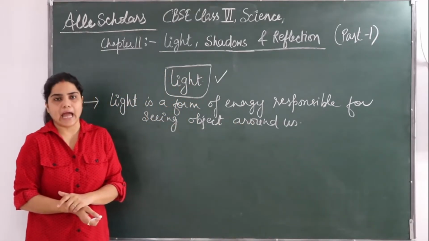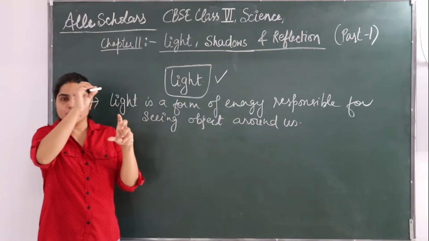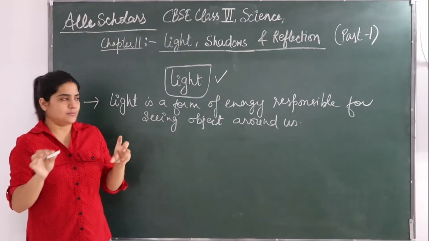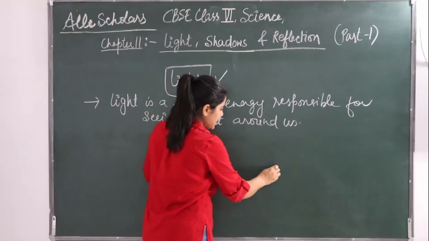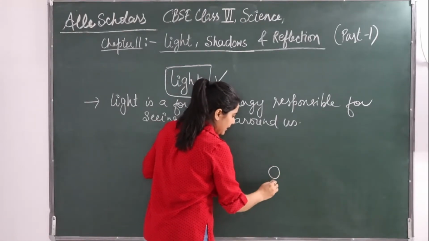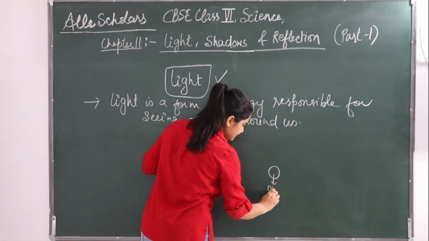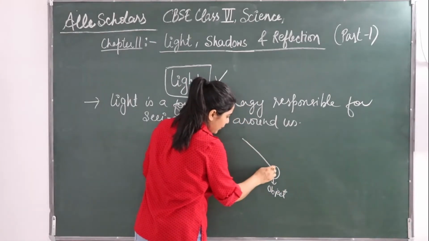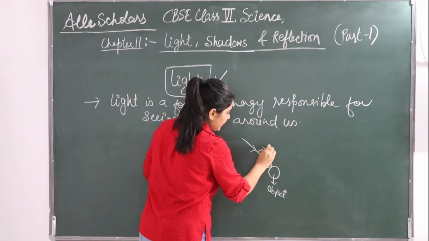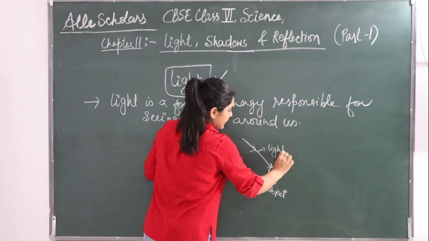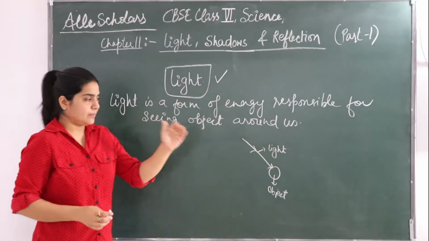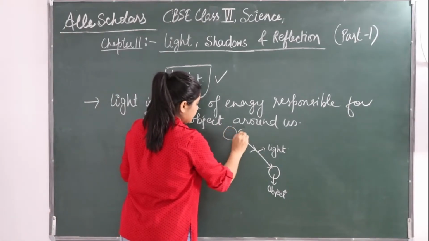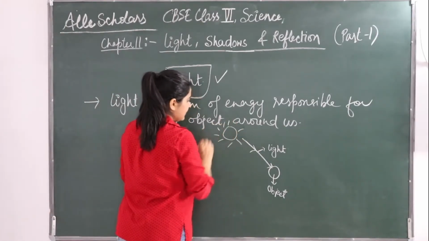So what basically happens when a light is going to fall on an object? Suppose this is an object. Okay, it can be any object. And a light is going to fall on it. This is a light falling on it. That light can be any light. Suppose it's a sunlight. A sunlight is falling on it.